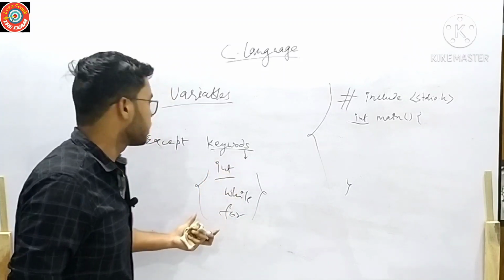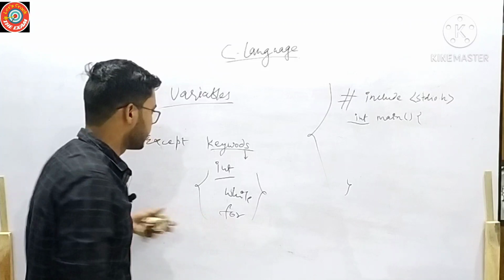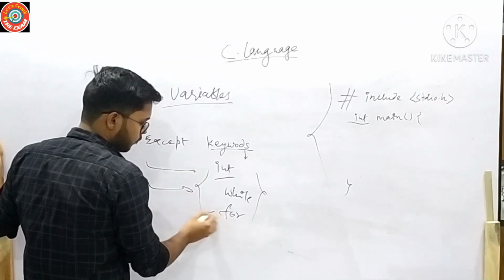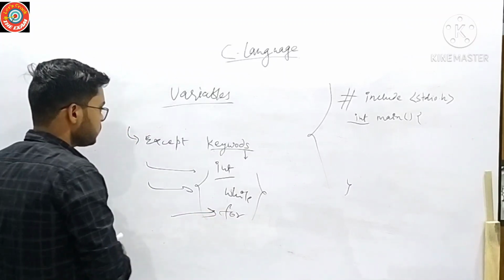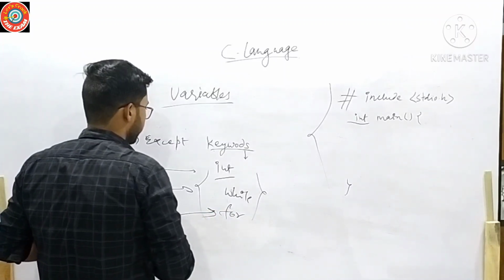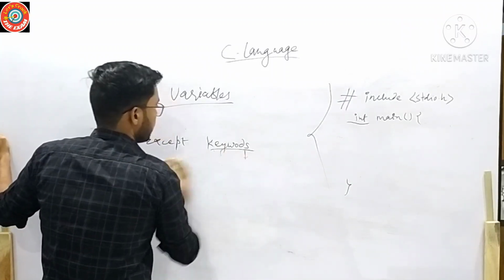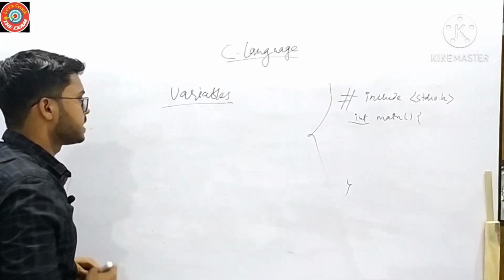So we cannot name a variable these keywords. We cannot name our variable int or while or for. So we can name our variable anything except keywords. Now we will see how we can declare our variable in C language.